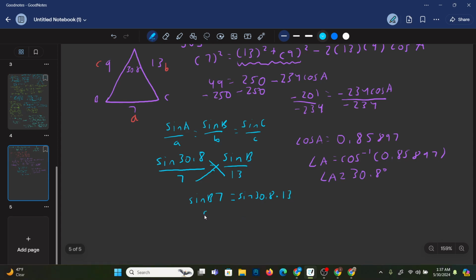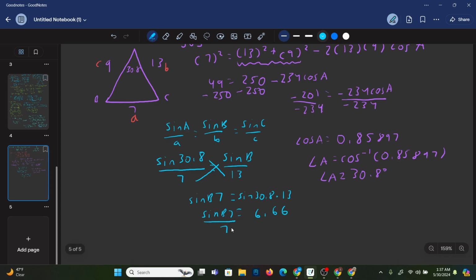Sine B times 7 equals, we put this into a calculator, and we get a value of 6.66.